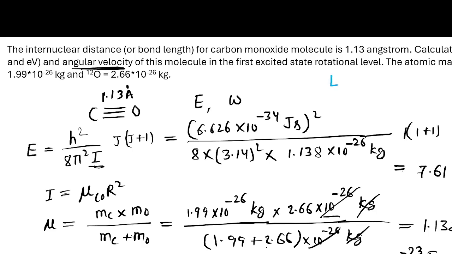So for linear we have kinetic energy 1 by 2 mv square, correct? For angular we will have 1 by 2, and instead of m we will have I, instead of v we will have omega square. So omega will be square root of 2E by I. So from this expression you can calculate omega.